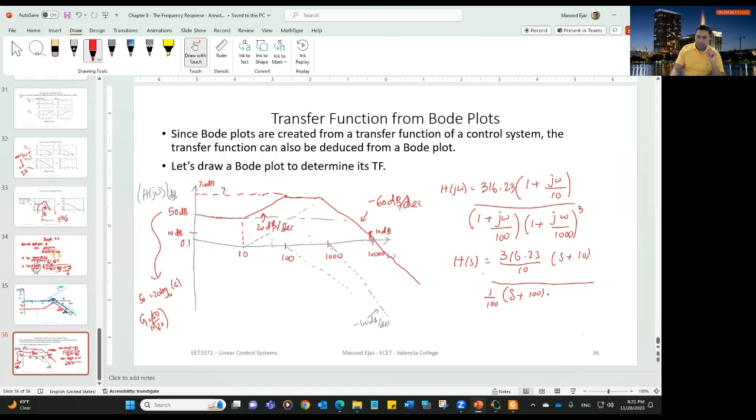And here you have 1 over 1000 cubed, S plus 1000 cubed. So now this is the gain, and you can calculate that.